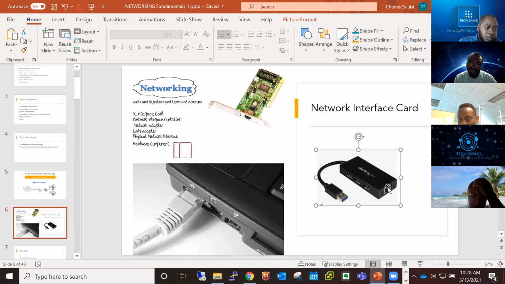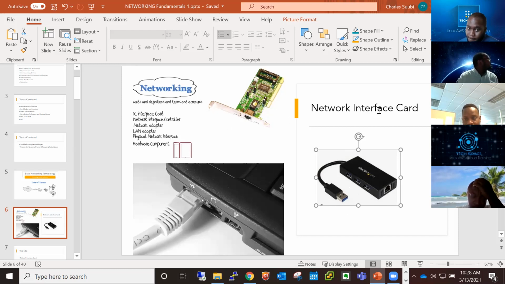So your RJ45 will go in here and you plug this side into your computer and you should be able to use it. And your network interface card should have a USB port on this interface to be able to access network.